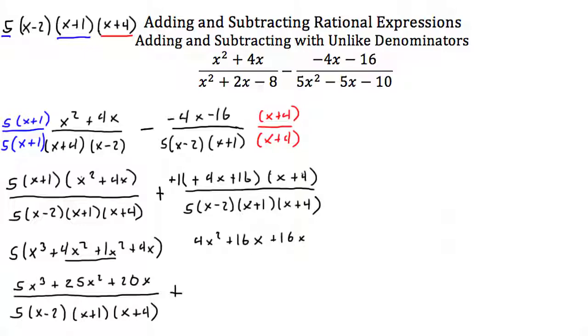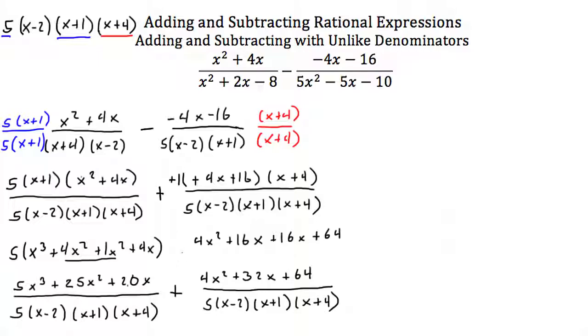And 16 times 4 is 64. Combine my like terms and I have 4x squared plus 32x plus 64. And this, of course, is still all over 5 times x minus 2 times x plus 1 times x plus 4.